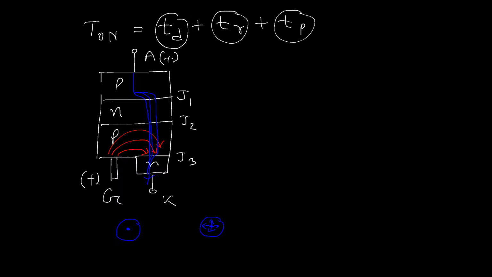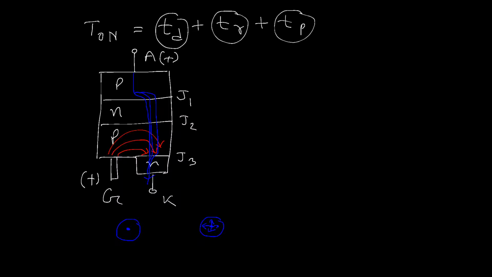Now the question for spread time. In this case, the spreading velocity of the gate current is very high. That is why the anode current spreads throughout the entire cross section of the cathode.